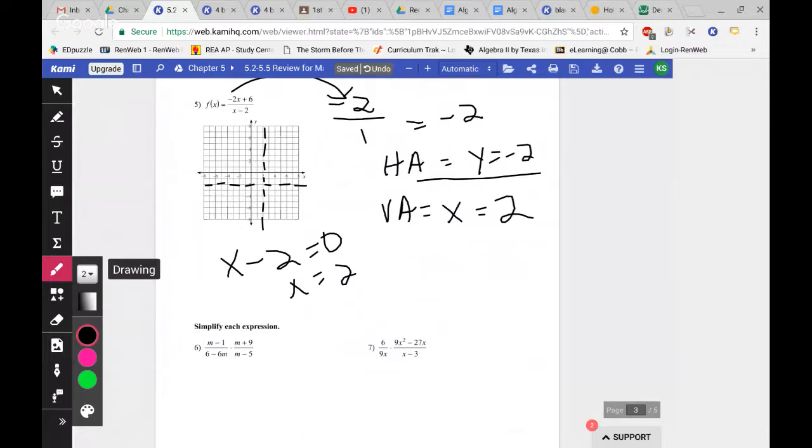And then you just draw your curve from there, because your curves come close to the asymptotes, but they never, ever cross.